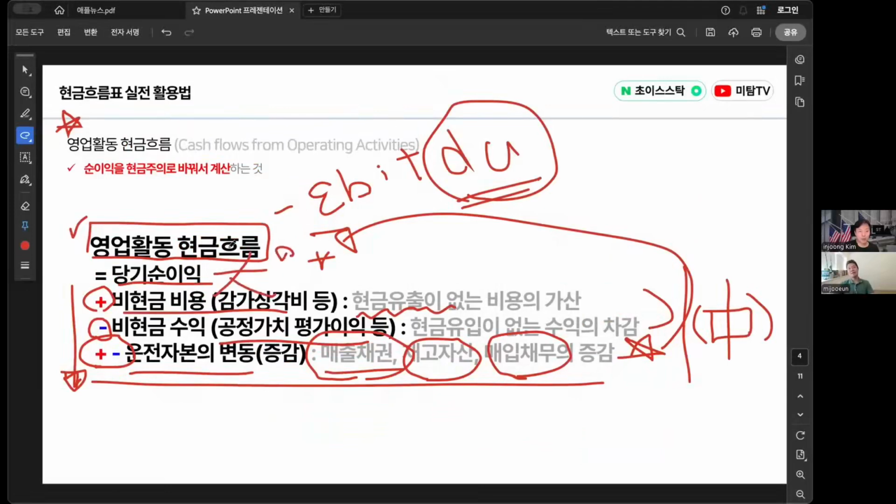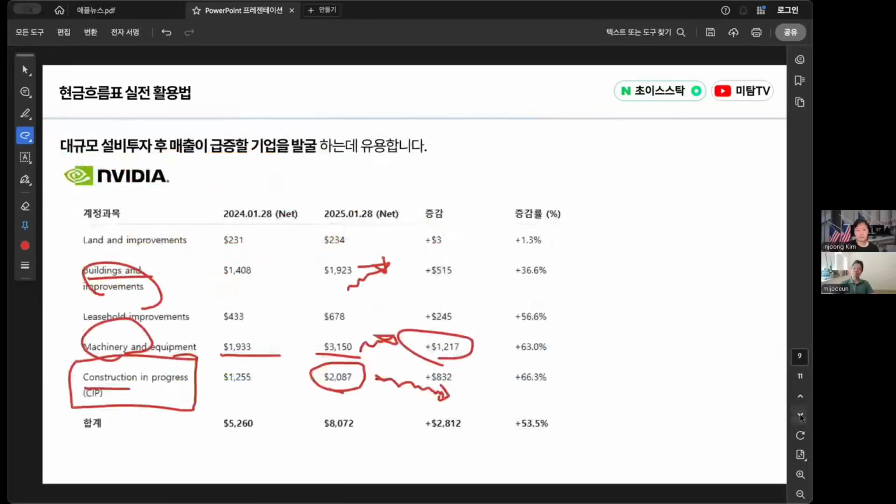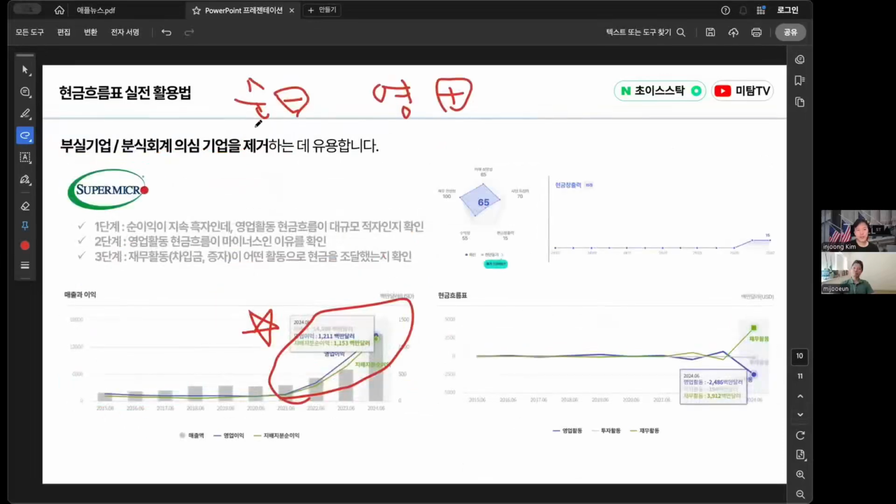But after making these adjustments, if this turns negative, that's a very rare case. So generally, when net profit is negative and operating cash flow is positive, that's how early growth stocks usually appear. In the case of Supermicrocomputer, it was generally correct for it to appear that way in the early stages. That's what it is, but we can wait a little bit, since there could be some unusual cases.